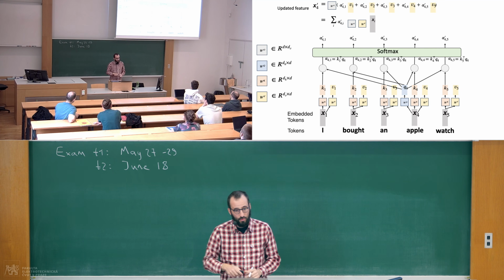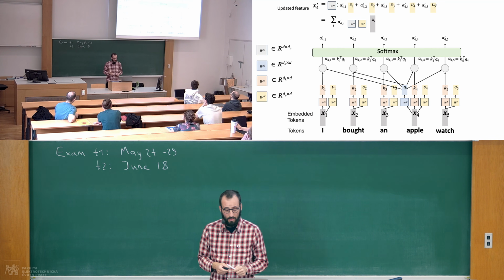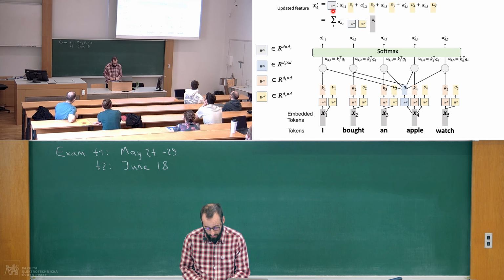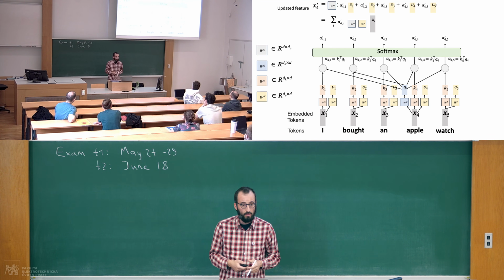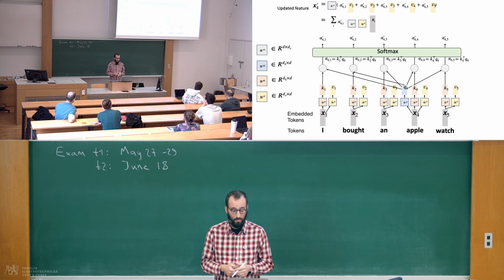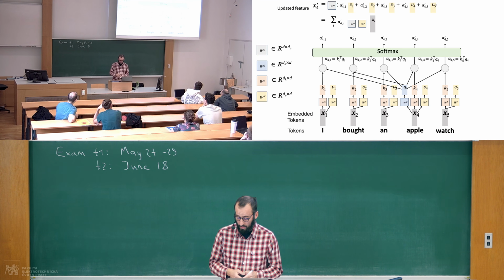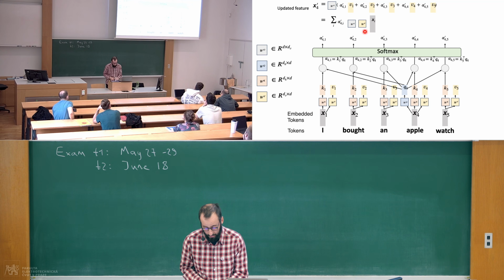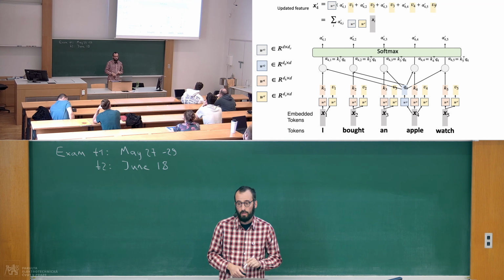And that's the updated feature, okay? But there is something more coming in. After the aggregation, there is another operation. So essentially the updated representation is a weighted summation with these scalar weights of the original features projected 2 times with linear operations.